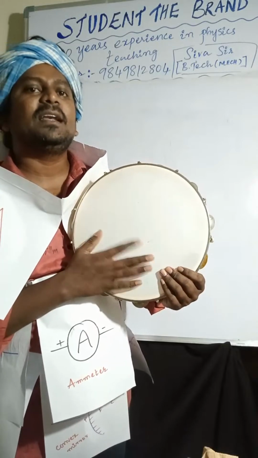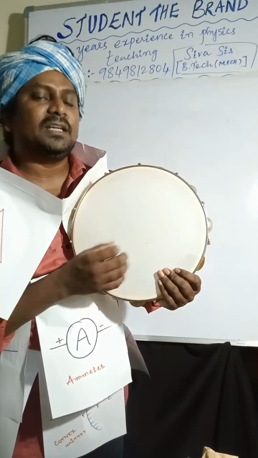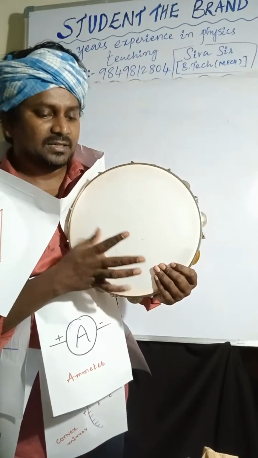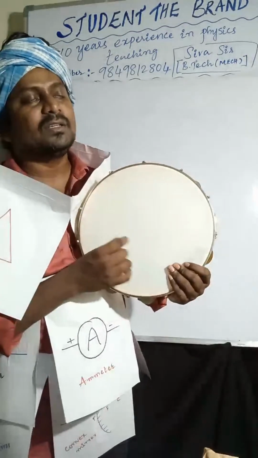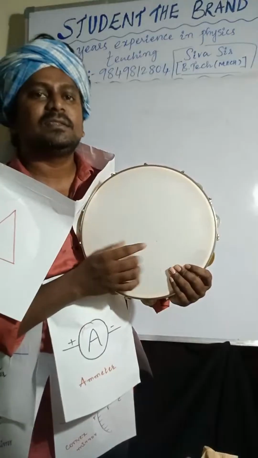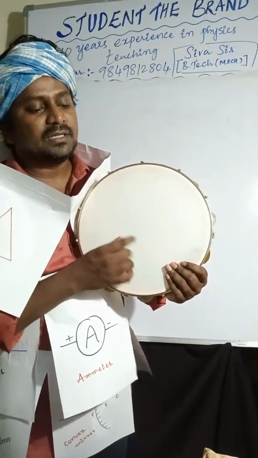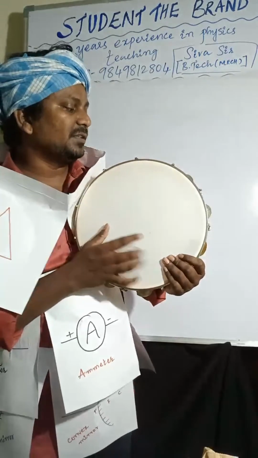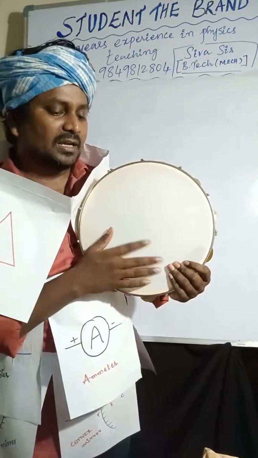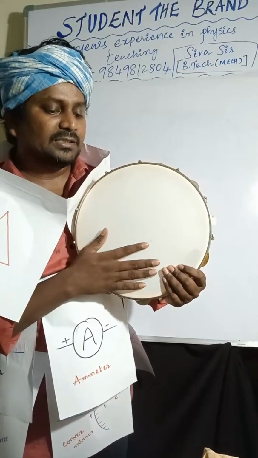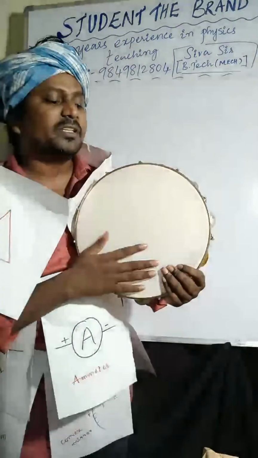New Cartesian sign convention, all distances measured from the pole. Distances are positive along the incident ray. Distances are negative opposite to the incident ray. Distances are positive above the principal axis.